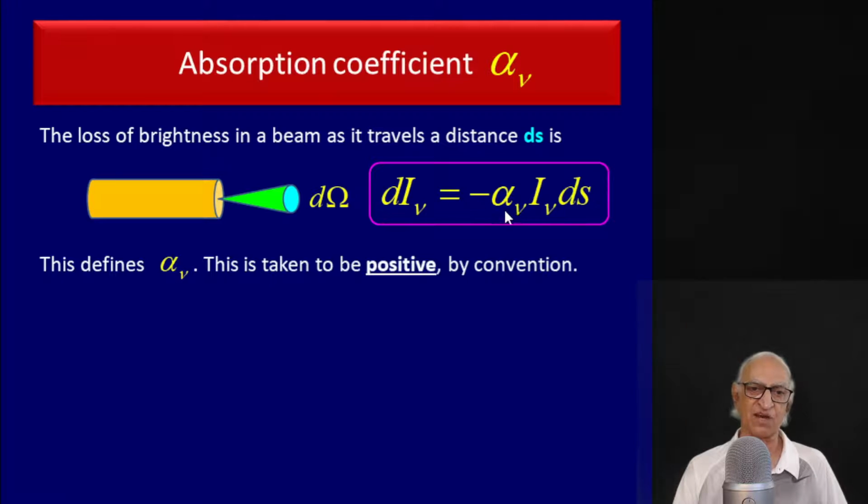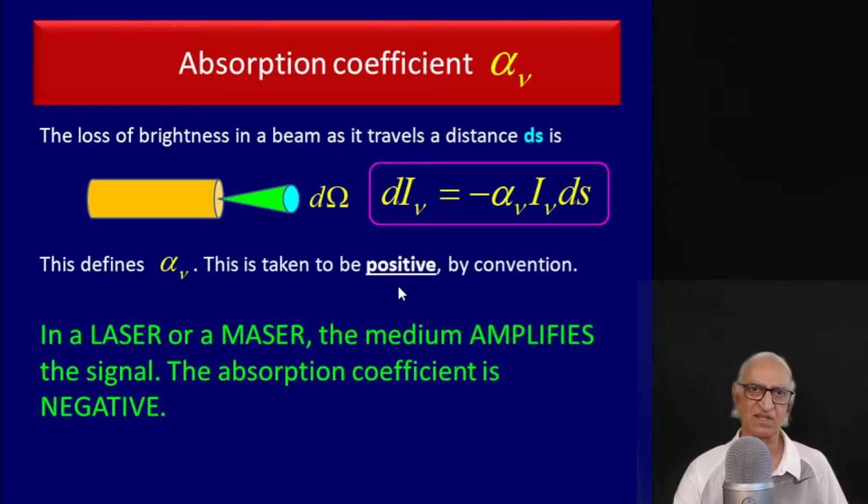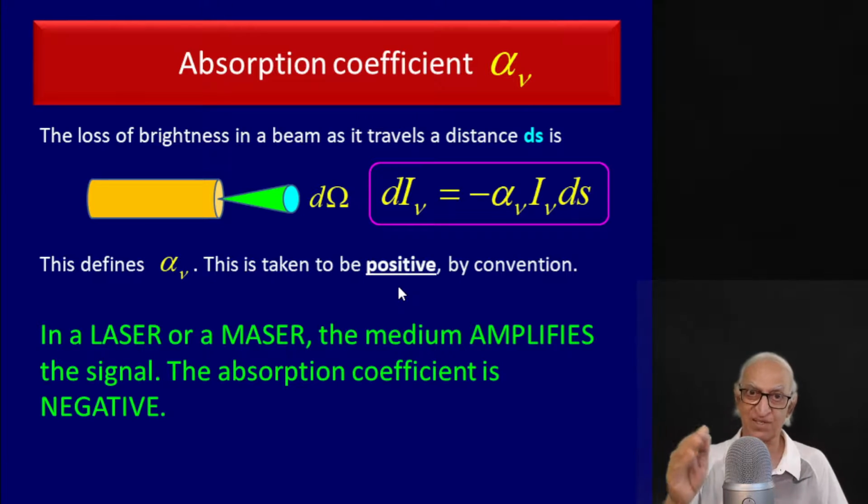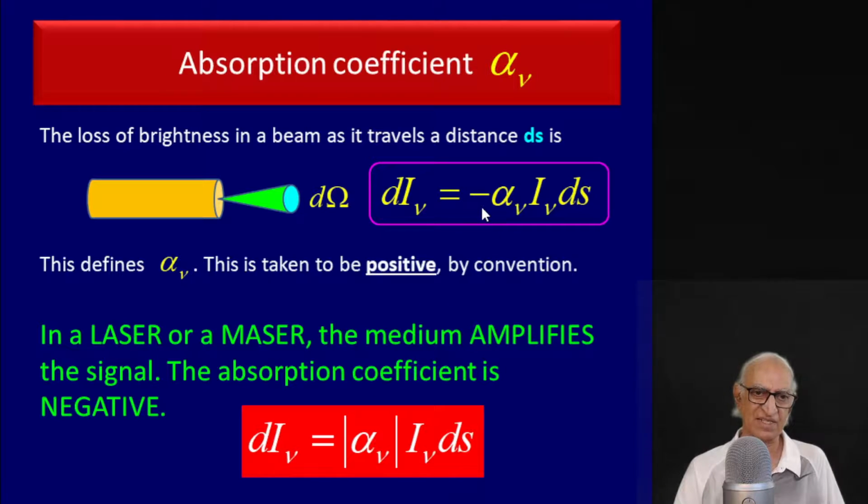If a certain fraction alpha nu I nu is lost, and because I have the minus sign here and it is absorption, I have taken the absorption coefficient convention to be positive. But in a laser or a maser, which doesn't absorb but amplifies, every subsequent slab adds to the radiation and does not take away radiation, so the absorption coefficient is negative. Or in other words, that equation can be written as dI nu is equal to plus modulus of alpha nu I nu ds.